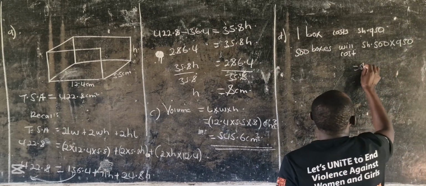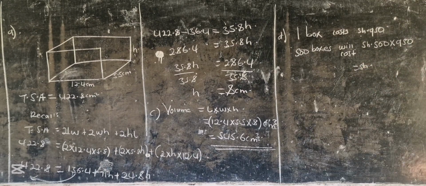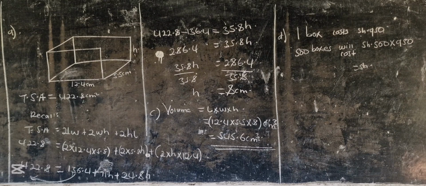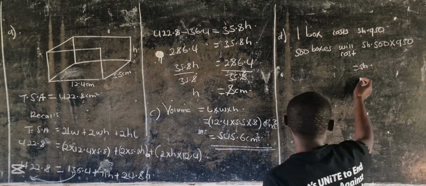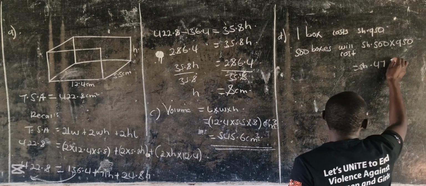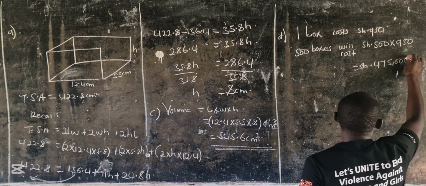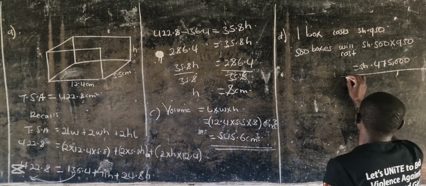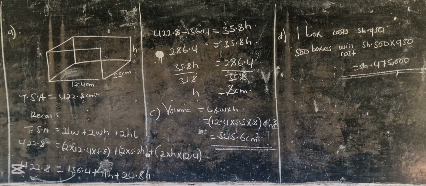So you say that this person is going to get 475,000 shillings. So this is the amount of money this person is going to gain out of the boxes.